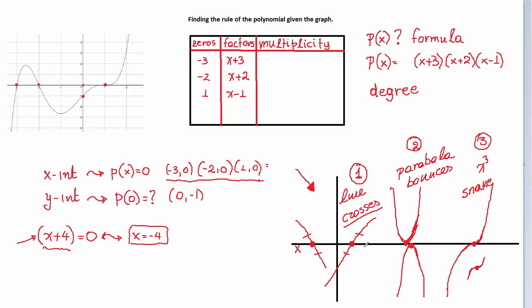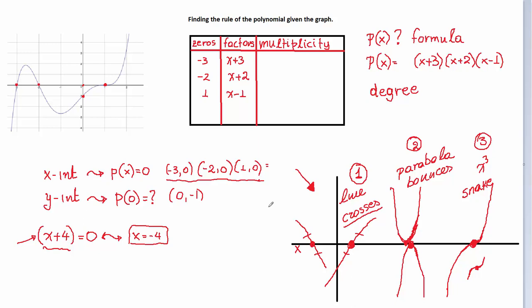So basically, we have 3 possible multiplicities, 3 possible degrees that correspond to a 0. So the multiplicity is nothing else than the degree of the factor that corresponds to a specific 0.